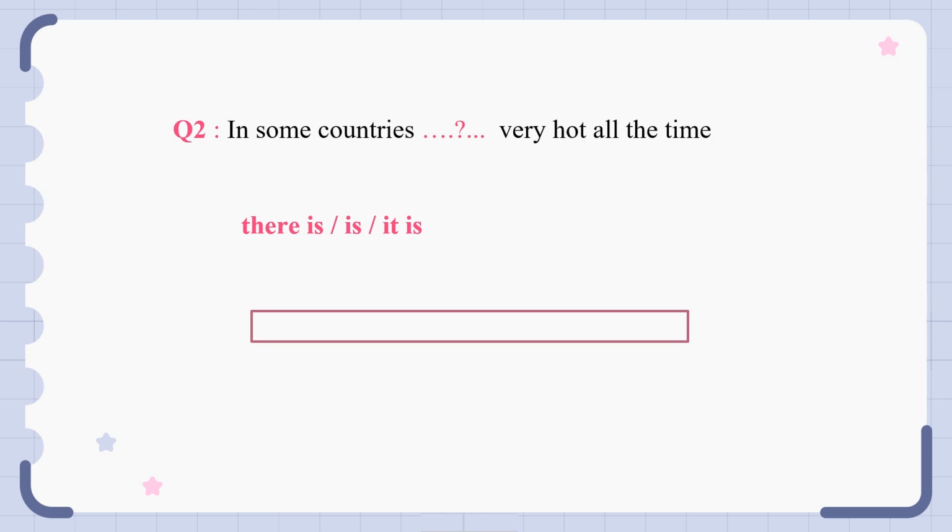Question number 2. In some countries, very hot all the time. Should we say there is, or is, or it is?